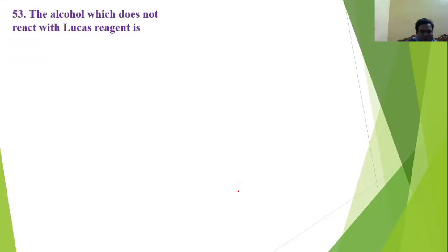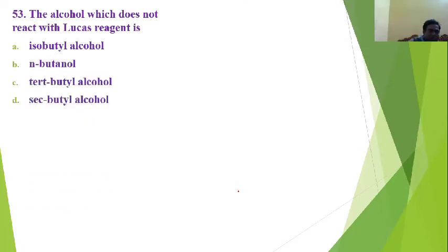The next question: the alcohol which does not react with Lucas reagent, mainly primary alcohol. Here the options are isobutyl alcohol, n-butyl alcohol or n-butanol, tertiary butyl alcohol and secondary butyl alcohol.